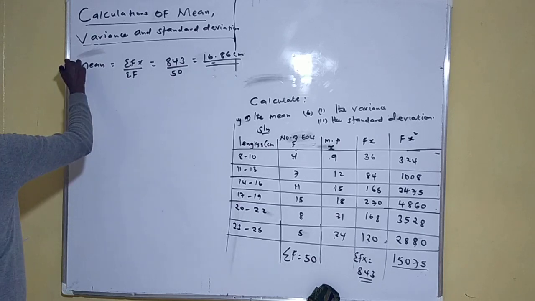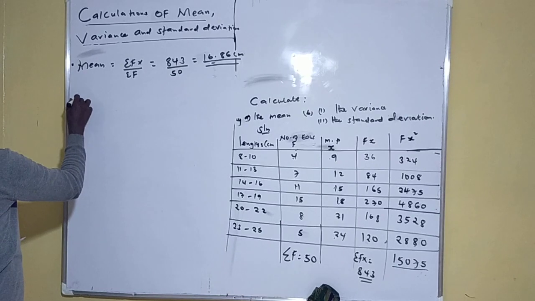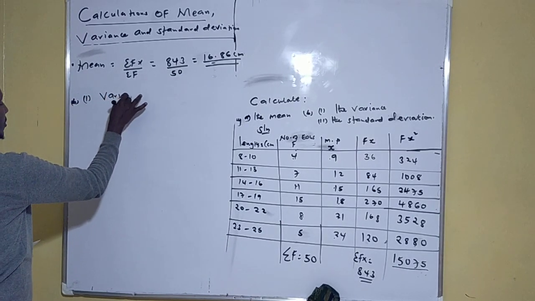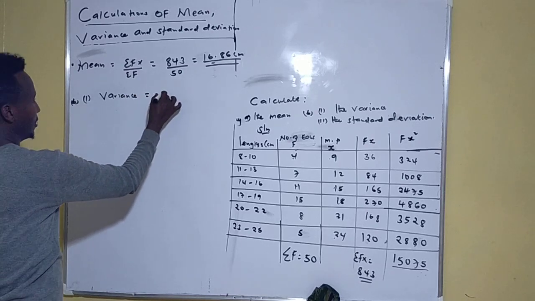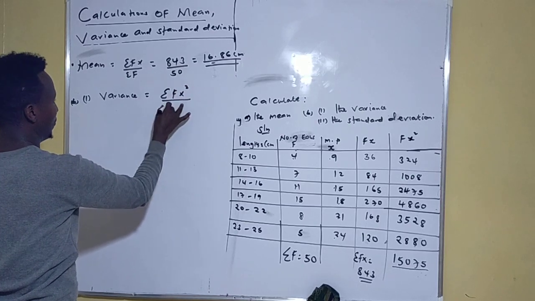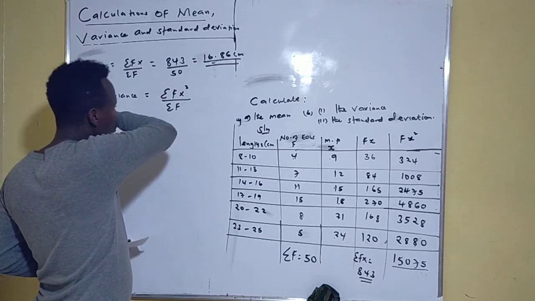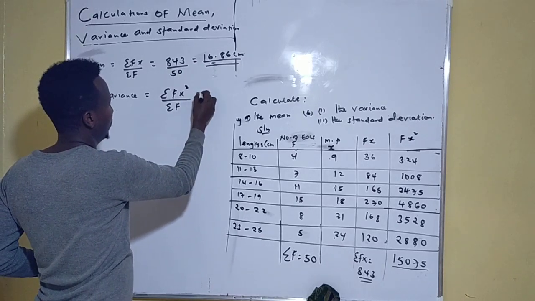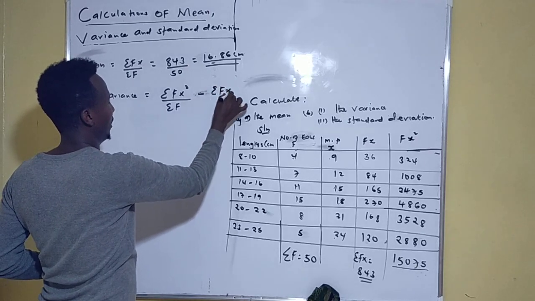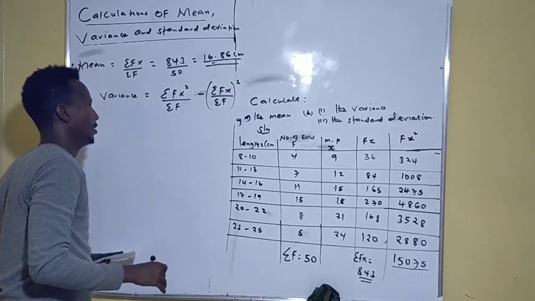So we have gotten our first mark. The other one is variance. So B from 1, you are told to get the variance. Variance is sum of fx squared divided by sum of f, minus sum of fx over sum of f in brackets, squared.